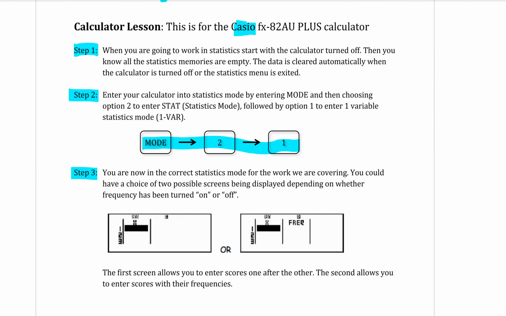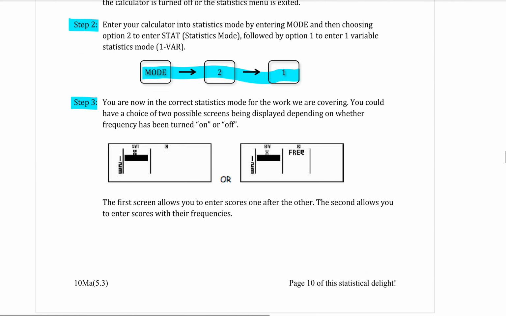You have a choice of 2 possible screens being displayed, whether the frequency has been turned on or turned off. So the one that came up for us was this one, and that's the one that will always default to turn on. But there is going to be some questions where we're going to want a frequency column. So that is this option here.